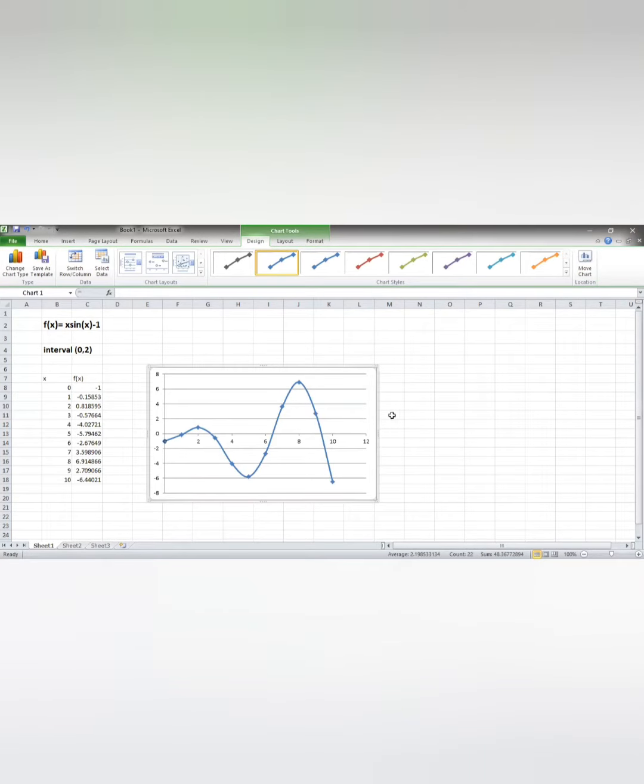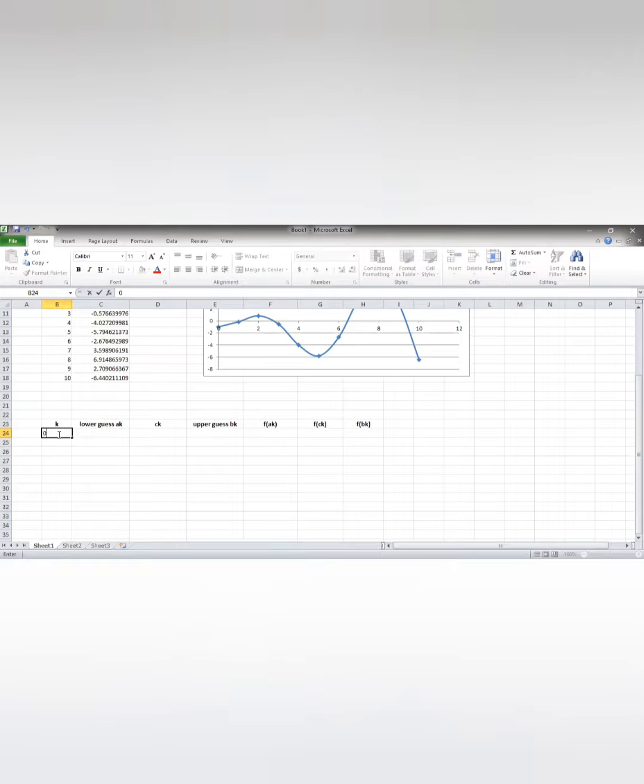Okay, so for our iteration, for the regula falsi method or the first position method, we have the lower guess value AK and the upper guess value BK. So I will start with iteration 0, then I will try 10 iterations for this discussion.